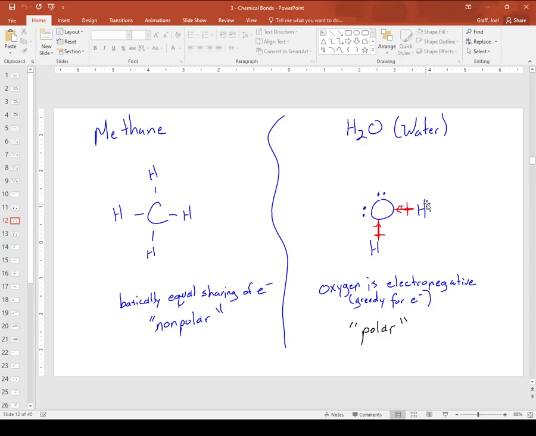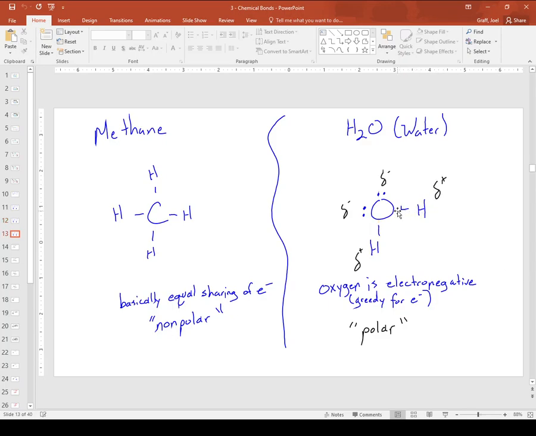This is an indication that because the arrow's pointing to the more electronegative molecule, you would have kind of a partial positive charge out here around the hydrogens and a partial negative charge around the oxygens, because it's partially positive, partially negative, depending on where you're contacting this water molecule. This molecule is considered to be polar.